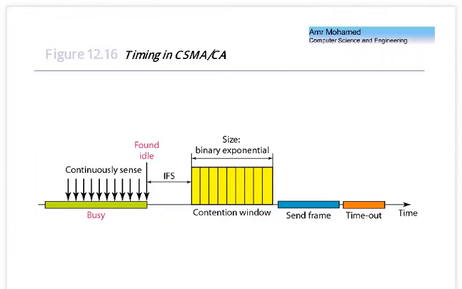So the only way for me to figure out that there was a collision is by timeout. When the timeout happens, this means that I did not receive the acknowledgement within the timeout. So this indicates that there may have been some collision or some packet loss, and the result for me is the same. I have to retransmit.